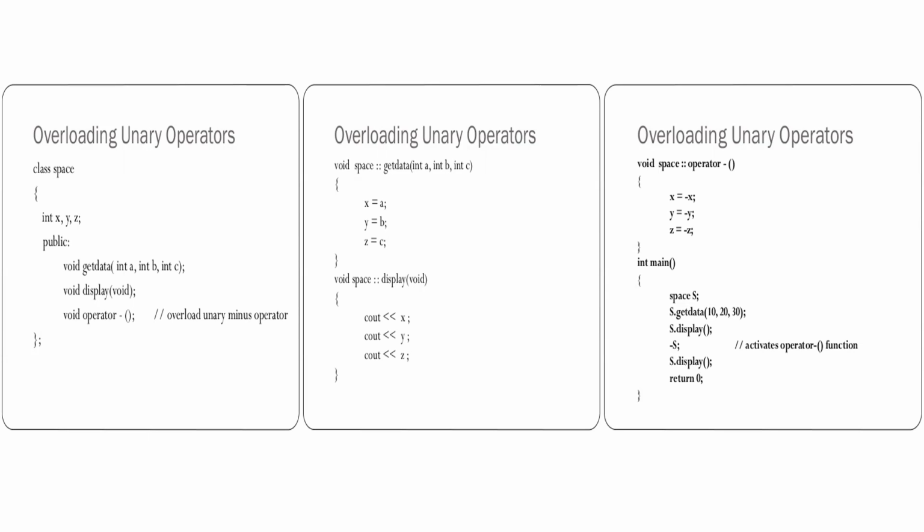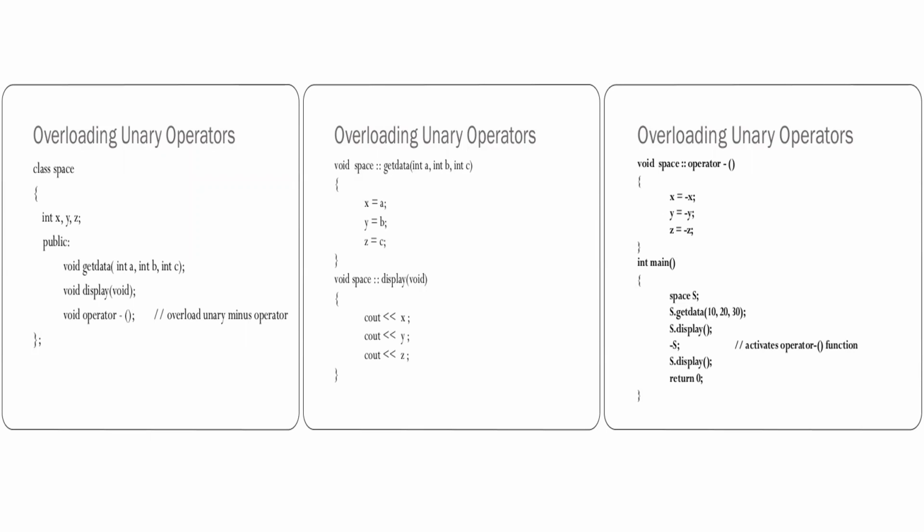Clear? Look at the second part of the program. Get data has been defined. x is equal to a, y is equal to b, z is equal to c. The values we get from main for a, b and c will be transferred to x, y and z respectively. And in display we display x, y, z.